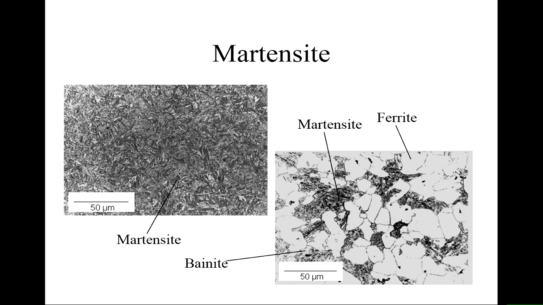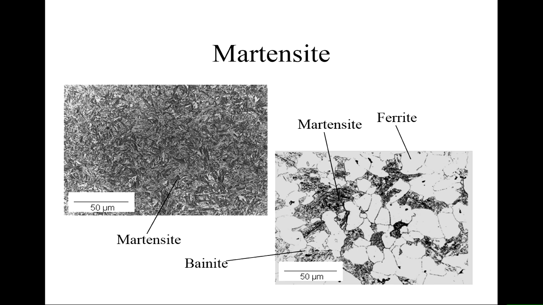Actually, if you take an individual unit of martensite, it looks a bit like a lens from your spectacles. It's thin at the edge, it gets fatter in the middle, and it's thin at the edge. And it looks like a disc if you look down on it, but it looks like a needle if you look across. So that's why you might have concerns that this doesn't behave anything like ferrite and pearlite.